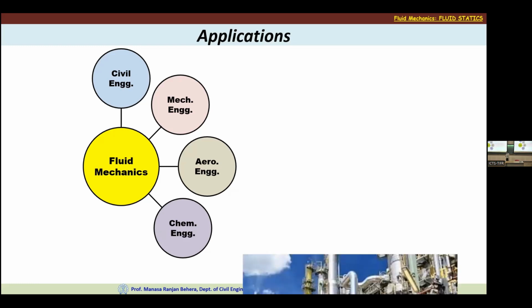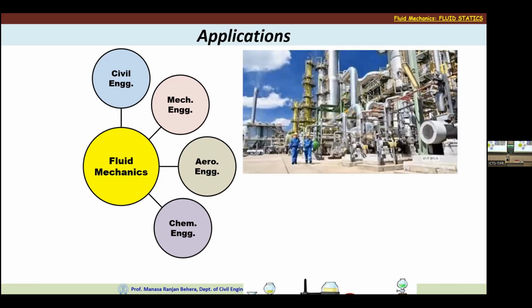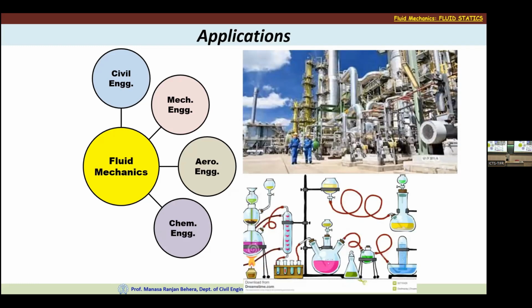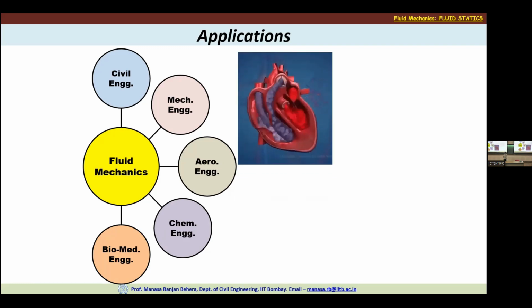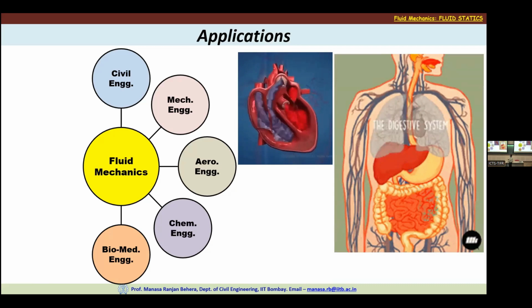Next, you come to chemical engineering. You have processes. You have different chemical mixings and reactions, all that. Again, fluid mechanics you need to understand. Biomedical engineering. This is again there, your heart pumping rate and all that is based on fluid mechanics. You talk about your digestive systems. There also it is going to be applicable.